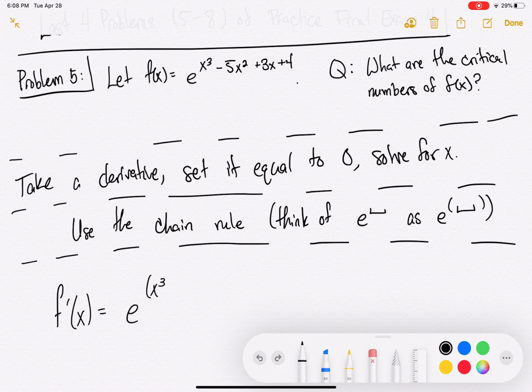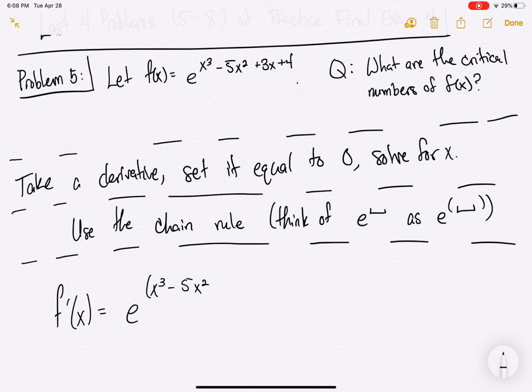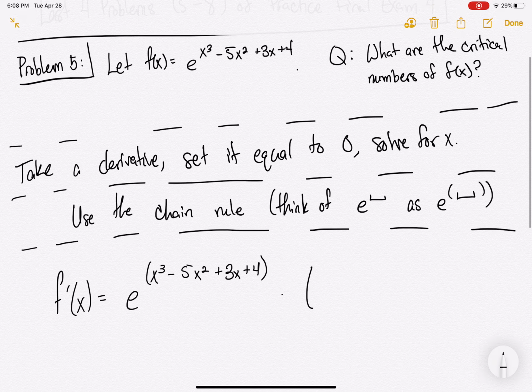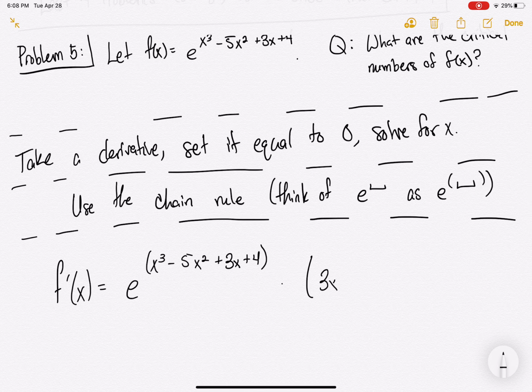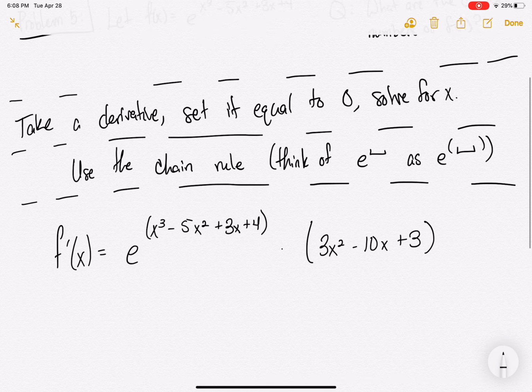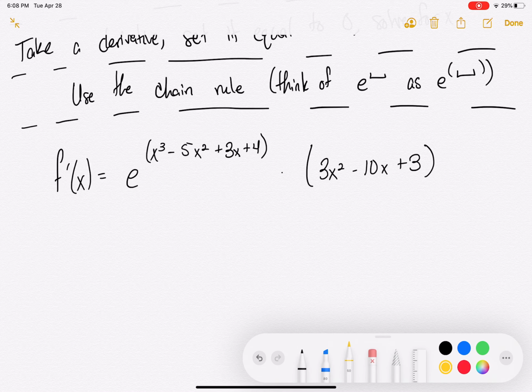Multiply by the derivative of the inside. Of course, the derivative of the inside here is exactly the exponent. So this is going to be 3x squared minus 10x plus 3. I'm going to specify these.